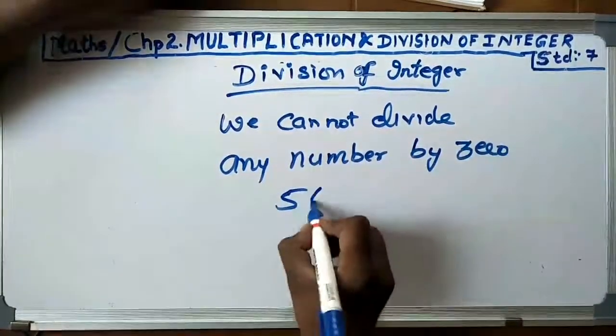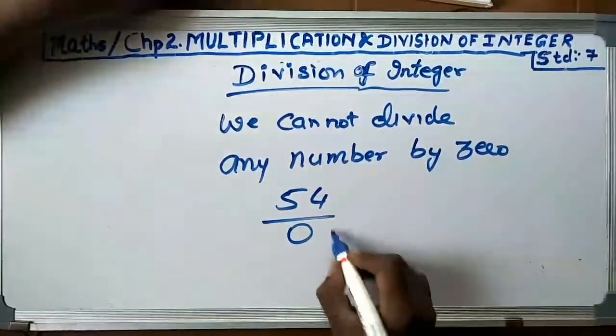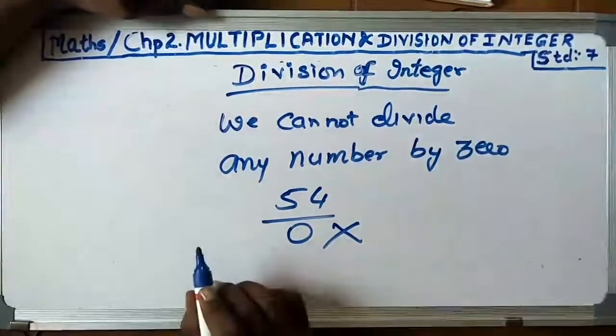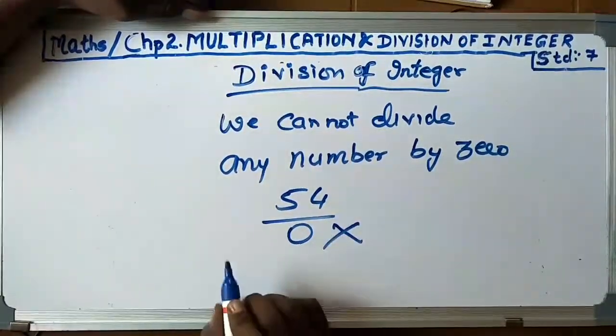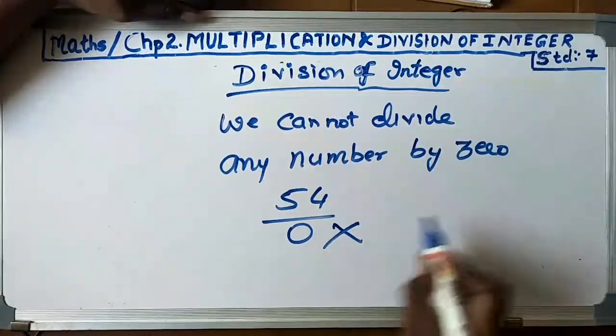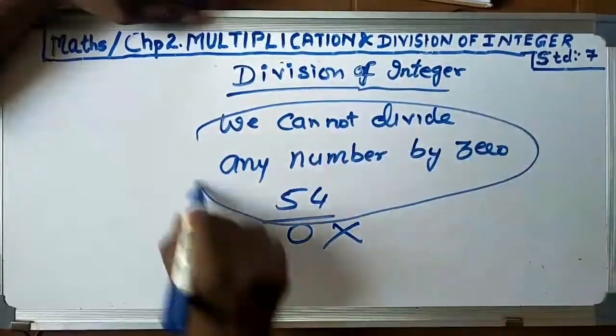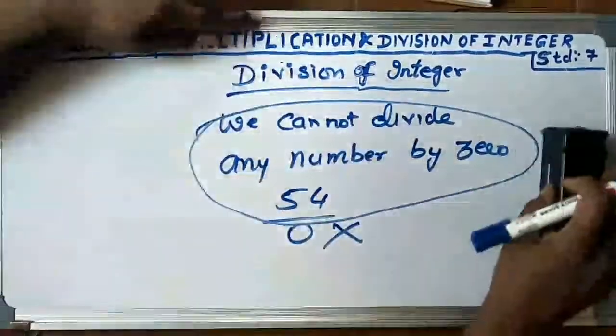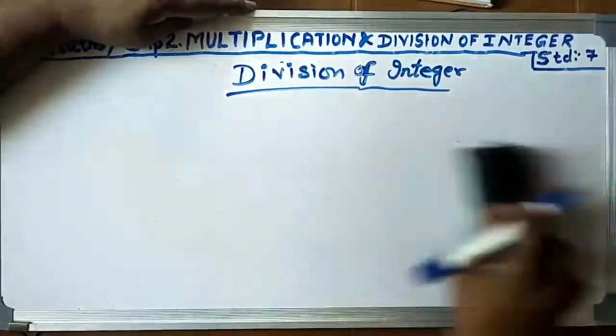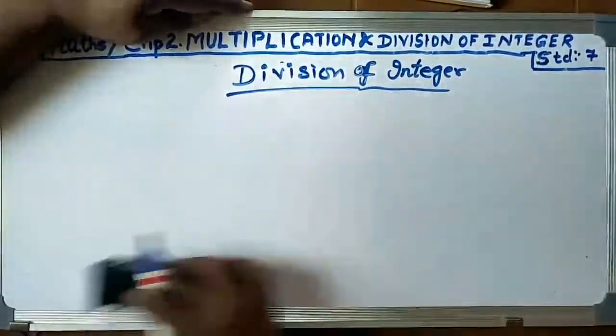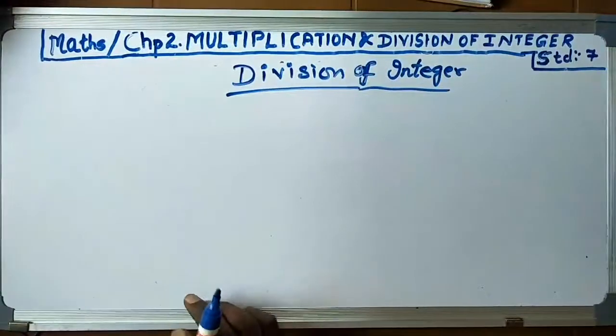When I say 54 divided by 0, we cannot do that. 54 cannot be divided by 0. So always remember, we cannot divide any number by 0. There should be a number, any integer, but not 0.